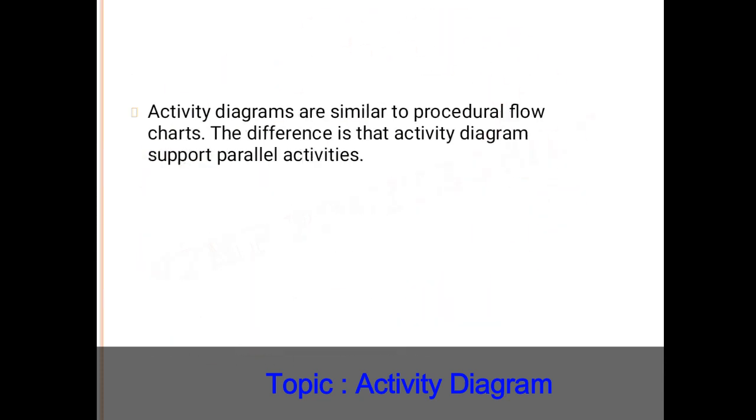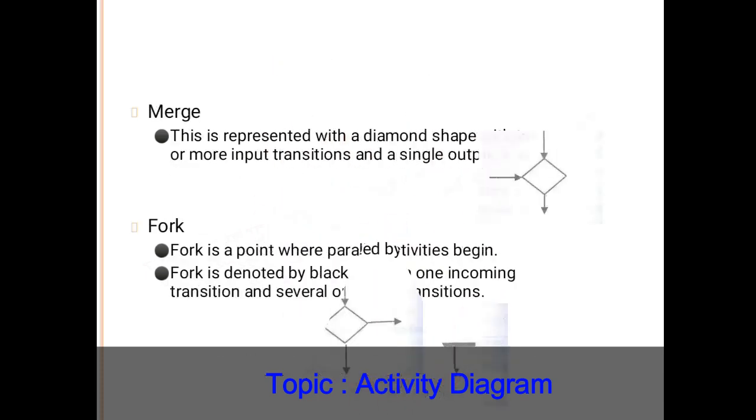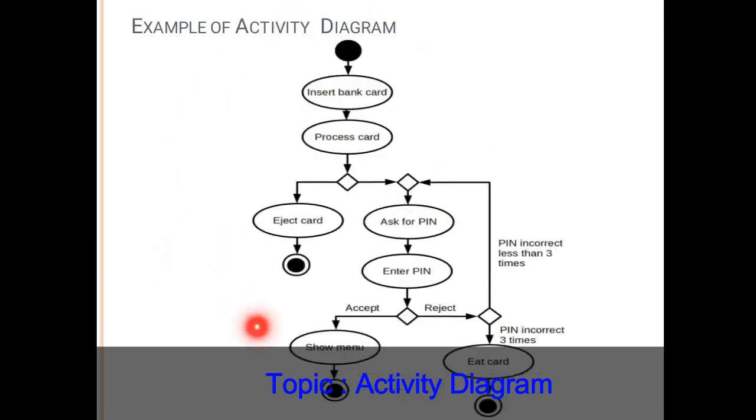Then next, depending on the symbols, you have to explain all the symbols with their descriptions. Then this is the example of an activity diagram.